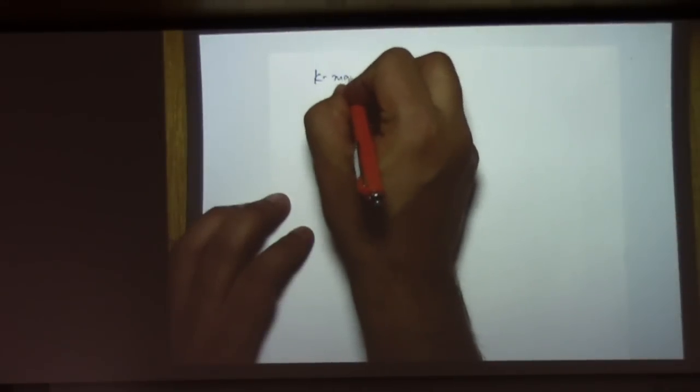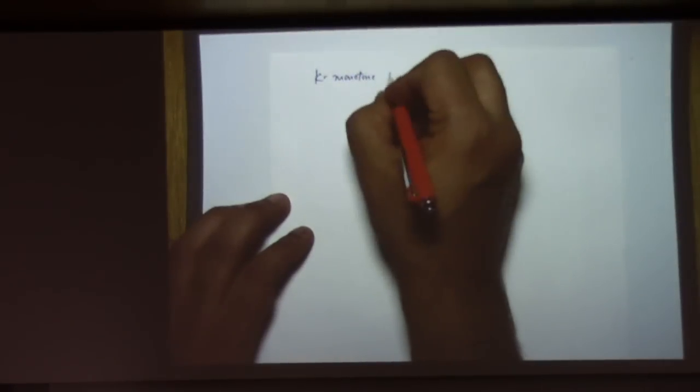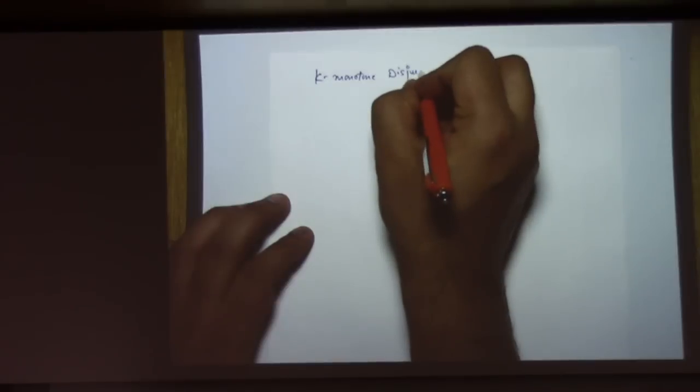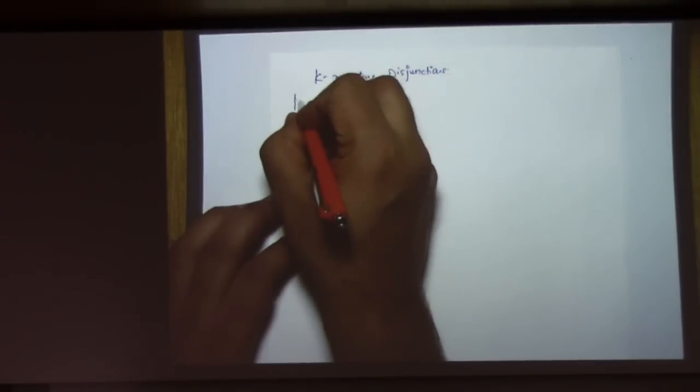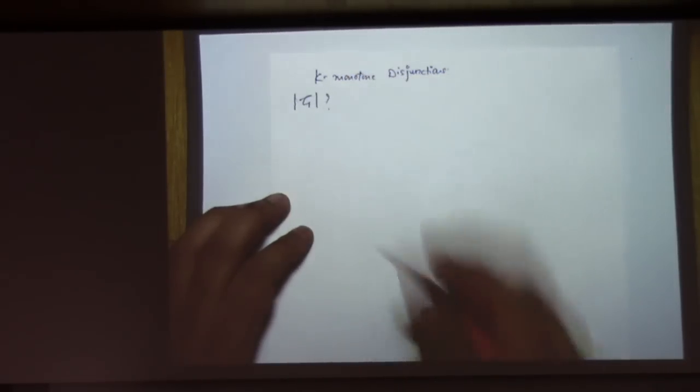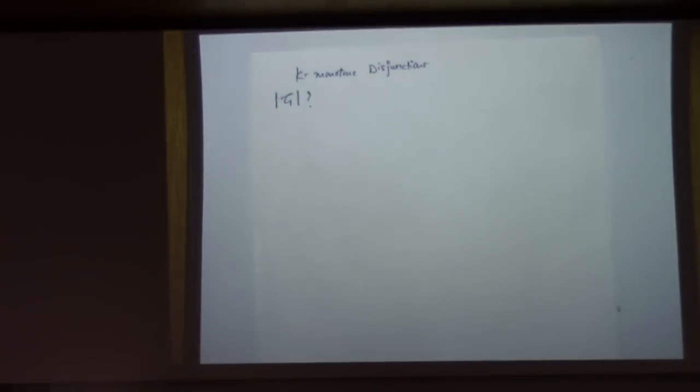Now for k monotone disjunctions, what is the size of C? That's the question. If you think about the way you construct these concepts, you take k or fewer items from a basket of d items, and then you put them together.